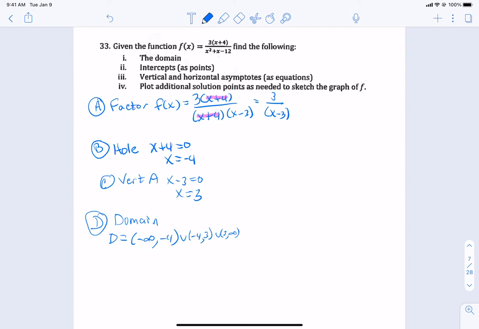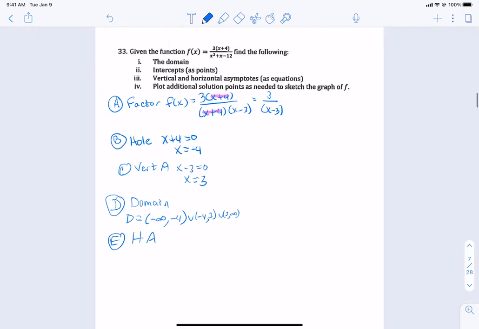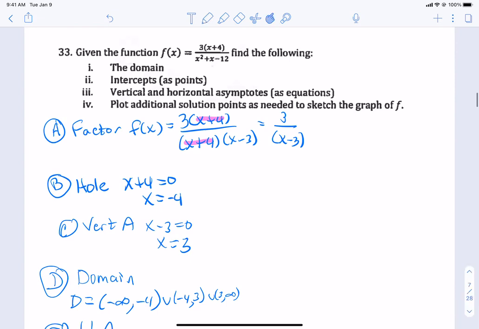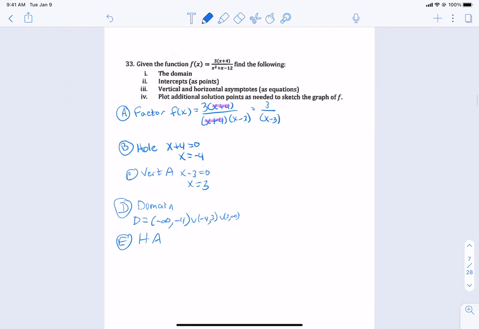Okay, so next thing I would do, let's go with our horizontal asymptote. Horizontal asymptote is a comparison of the power on the top with the power on the bottom. The original has a higher x power in the bottom. The simplified version has a higher x power in the bottom. And that is always a horizontal asymptote at 0.